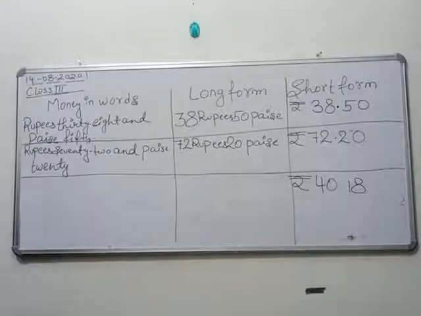Write down the given amount in long form and in words. You have to write it in both, in words also and in long form also. Come on, do it. Completed?